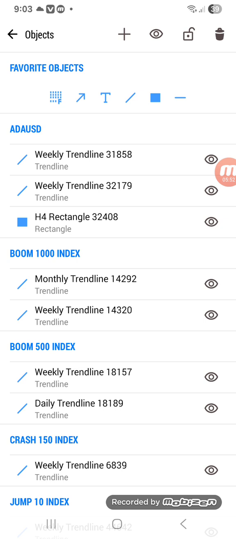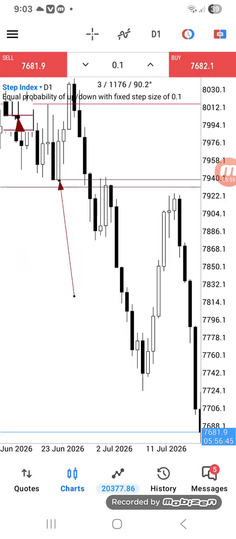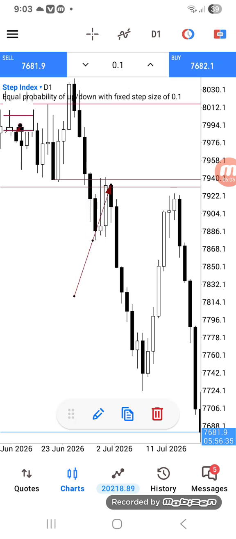After you've gotten the daily breakout, where did you get the retest? You got the retest on the same resistance. This is what we call SBR, support became resistance, and we took this trade at this level.